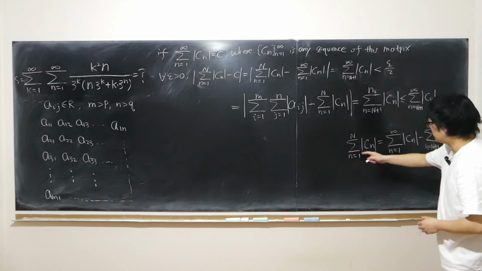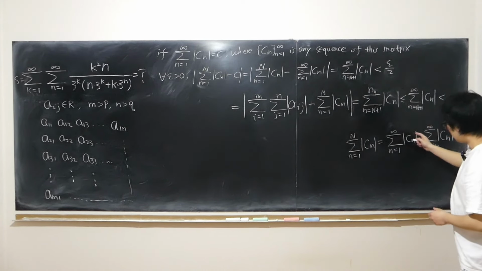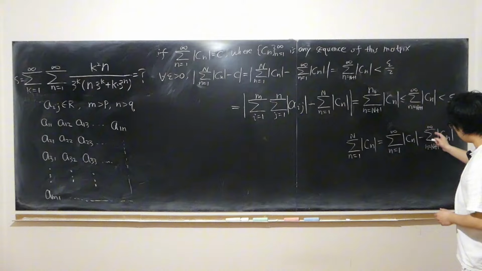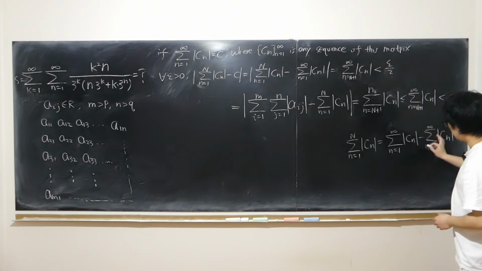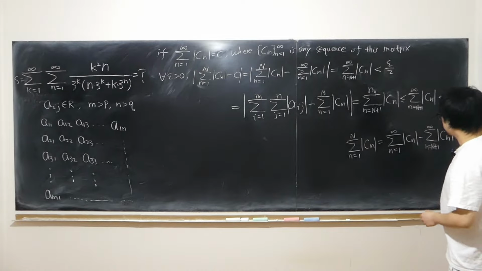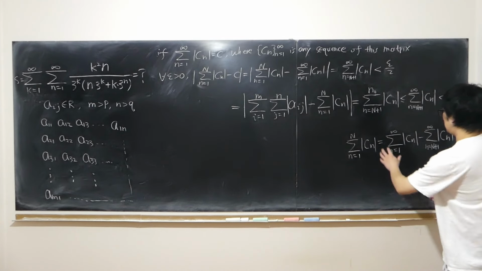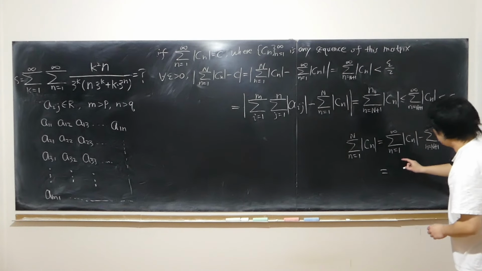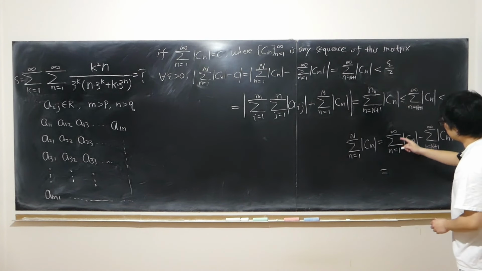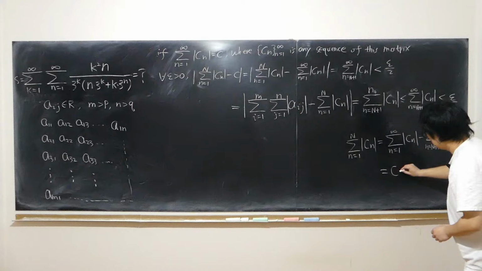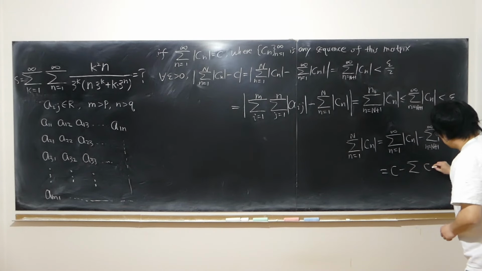That's finitely many terms starting from 1, and that's all the terms starting from capital N plus 1. This has to equal this. So in other words, this is in fact C, the limit C.